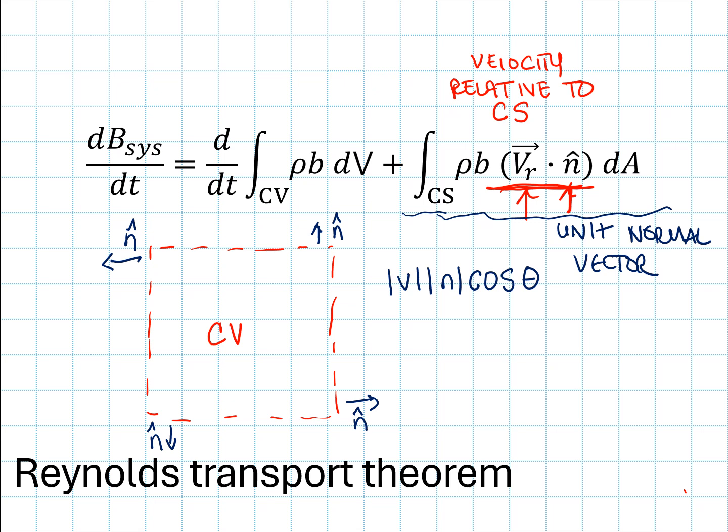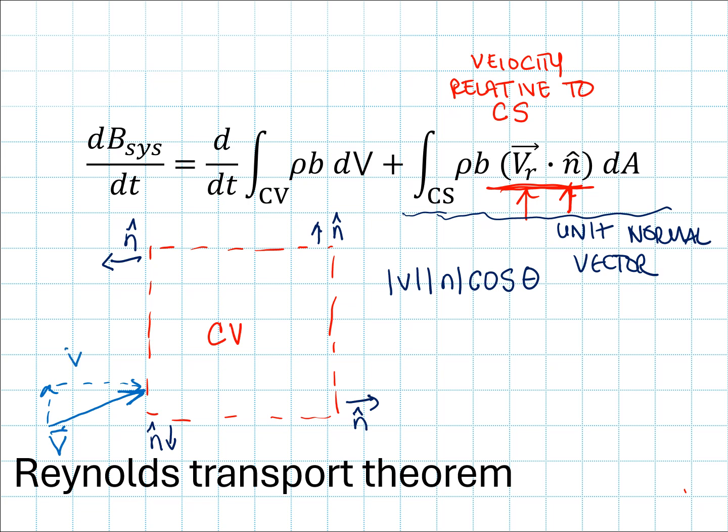So the v is our velocity vector. Let's say we've got a flow that's coming in at an angle like this, and it's hitting the boundary of our control volume like that. So I could decompose this velocity vector into its components that are normal and tangential to the surface, right?